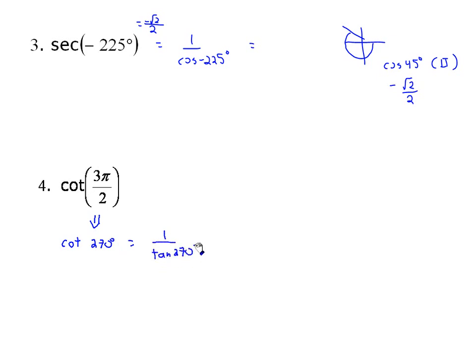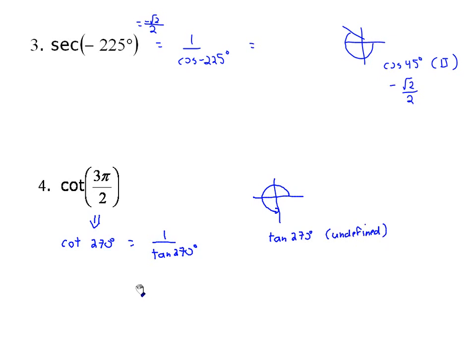The problem is, if you take a look at this quadrantal, 270 is right there. And the tan of 270 is undefined. That's a problem.